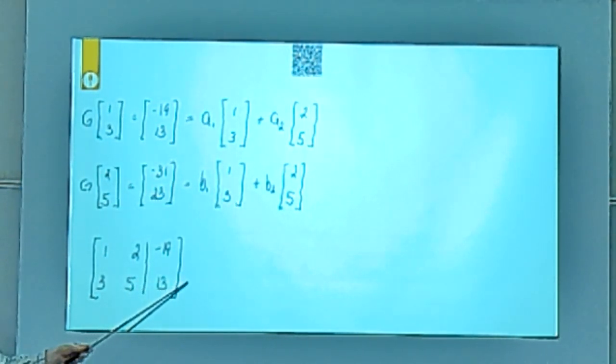It would solve both of them simultaneously. So why set up two different matrices when you can just set up one matrix?